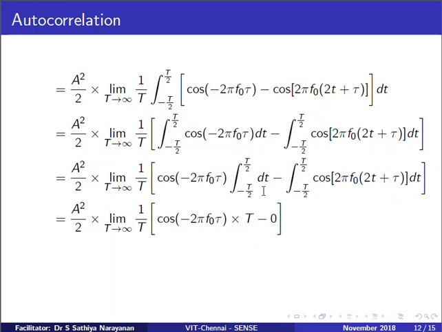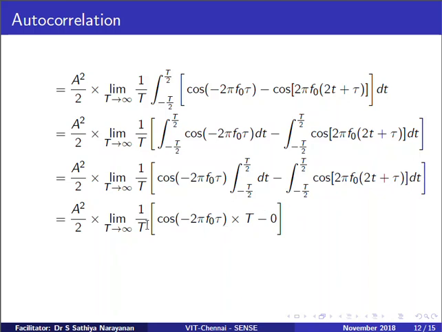The first integral is quite straightforward. It is the integral of dt, so it will be t with upper limit T by 2 and lower limit minus T by 2. So when added, this integral value will be capital T. Now we have a T here and here, so we can just strike them off.